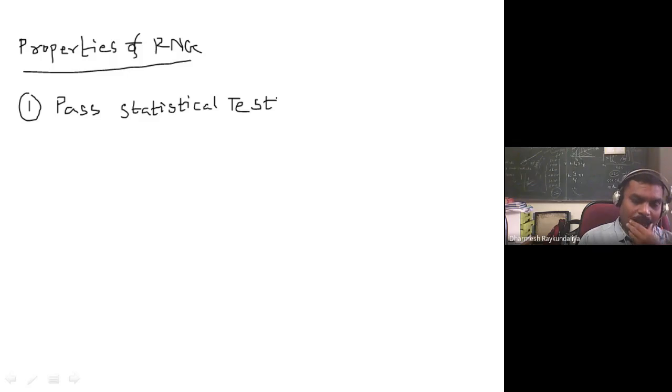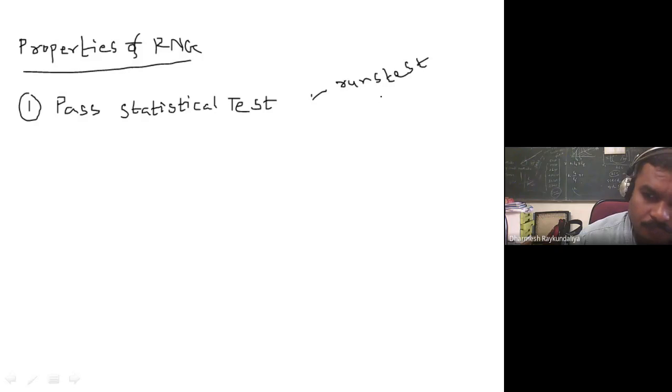So how will you identify whether your data are really random or not? It should pass certain statistical tests, which we will see later. One we know is the runs test for independence, and second, whether the data is generated from a specific distribution or not, for which we can use the KS test.